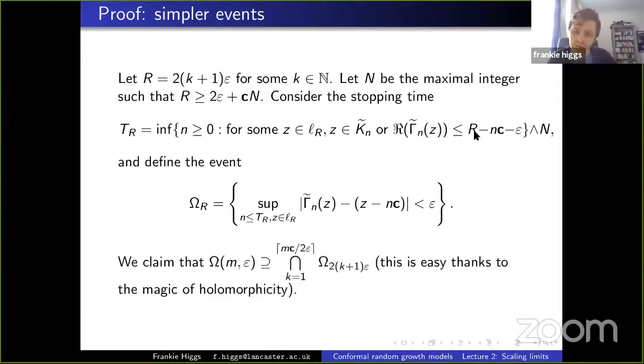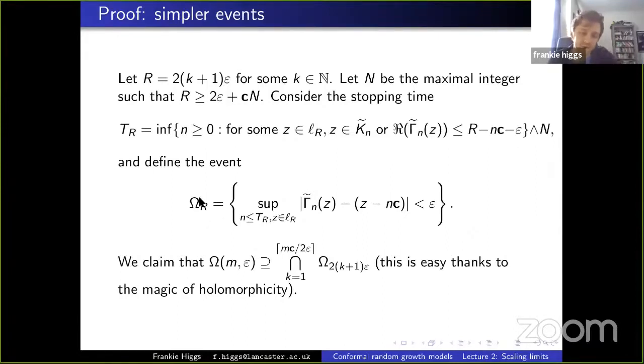Or its real part under the gamma inverse flow is, well, it started with the real part r. We've applied the map n times, and the map should have moved it to the left by c each time. And so r minus nc is what its real part should be. And if it's moved more than epsilon than that to the left, we will stop the process.